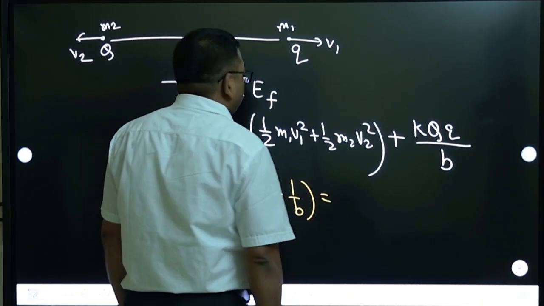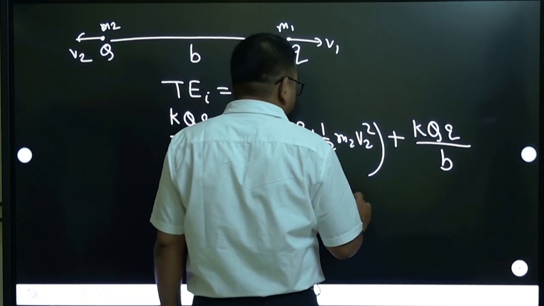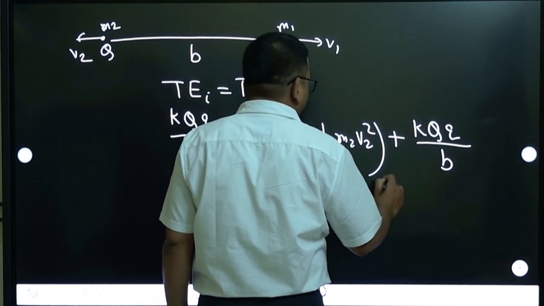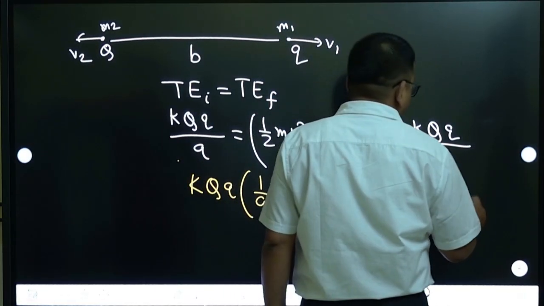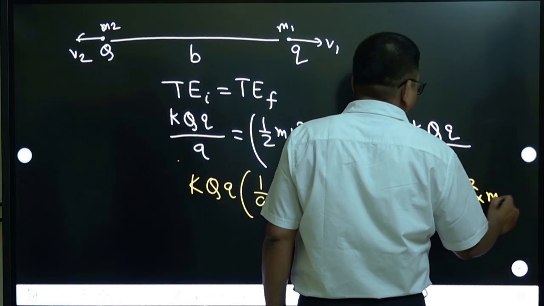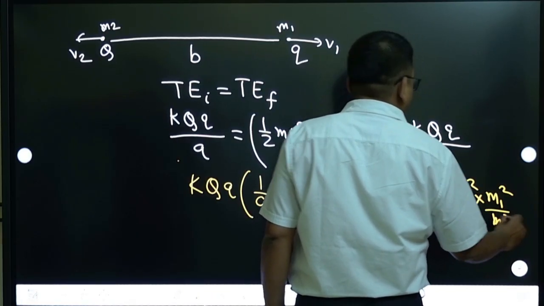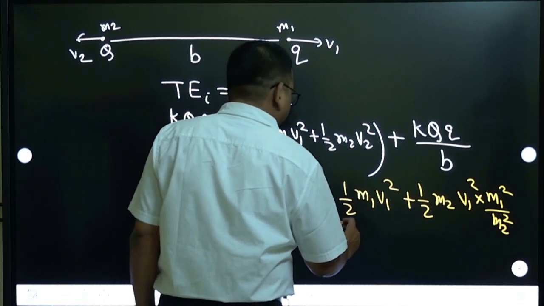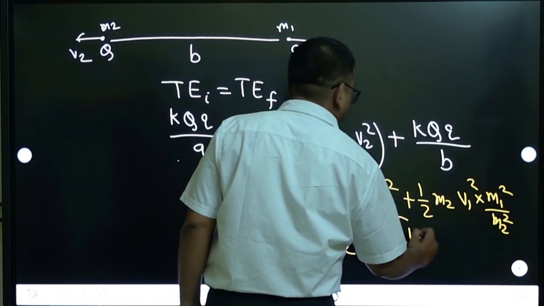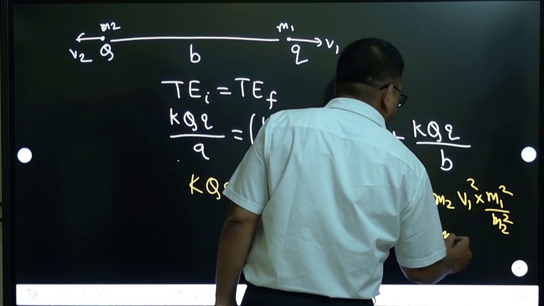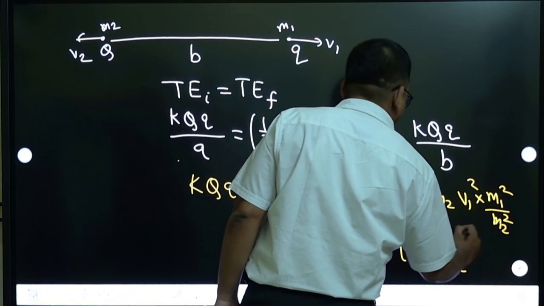The loss of potential energy is converted into gain of kinetic energy, half m1 v1 square plus half m2 v2 square. You substitute v2 square in terms of v1 square, m1 square by m2 square. So from here you take half m1 v1 square common. This will become 1 plus m1 by m2, right?